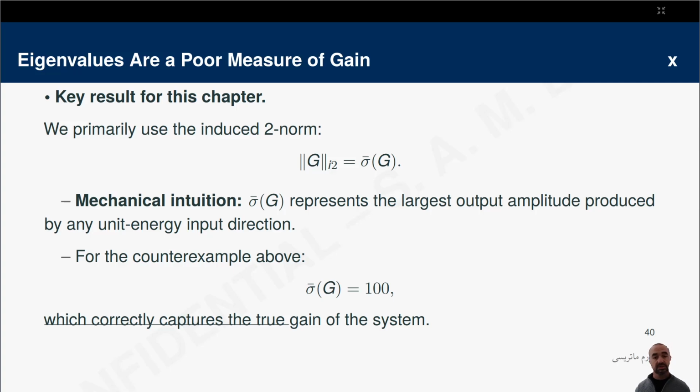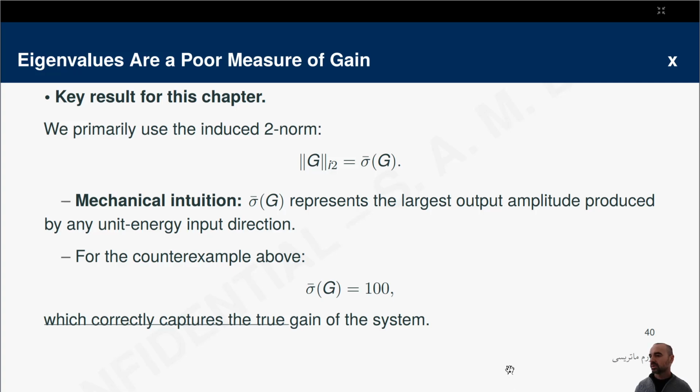They said we don't have any gain, the output should be zero, but then the singular values reveal huge gain. We have sigma bar G equal to 100. So eigenvalues may hide worst case amplification. Singular values expose it.